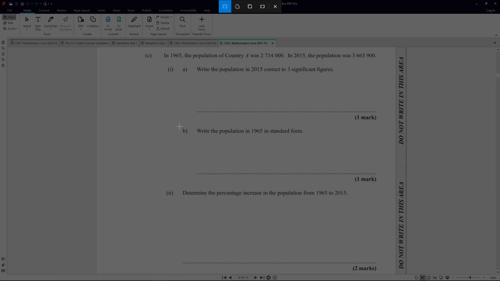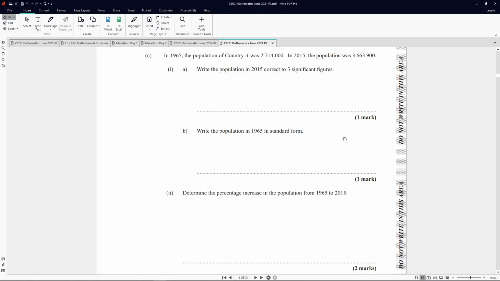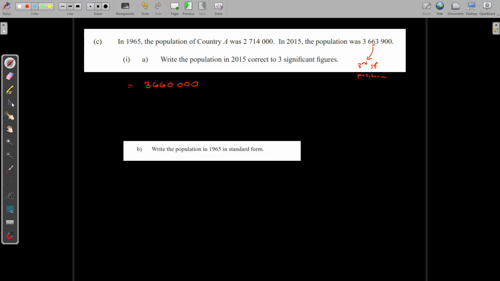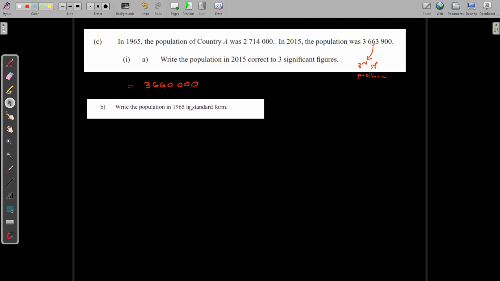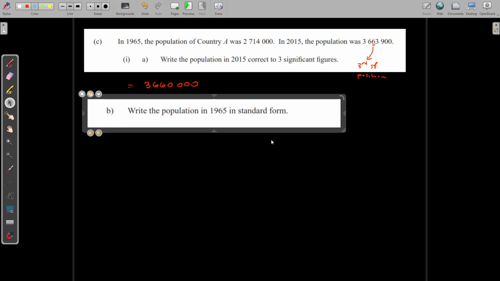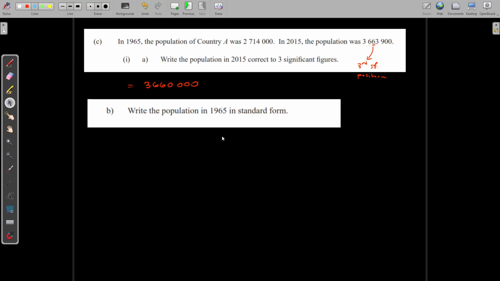So now they want it in standard form. Well, the population in 1965 in standard form. So how does standard form go again? 2,700,000. Well, that's the number. So in 1965 the population was 2,714,000.